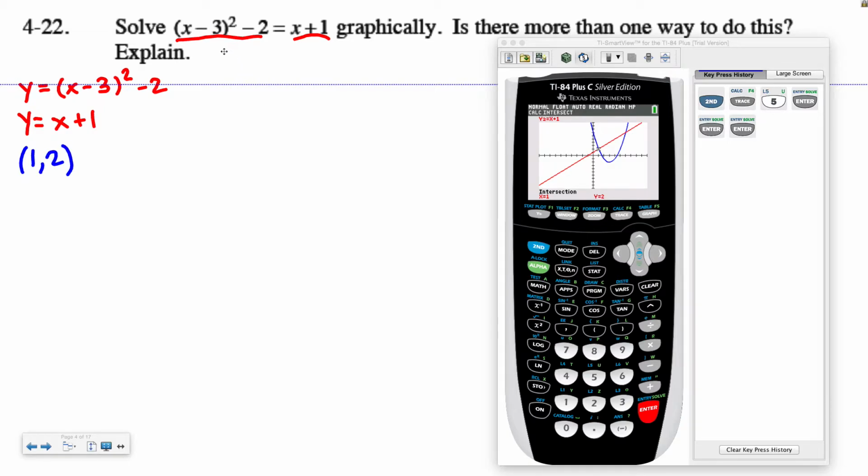But remember, we're looking for the x values. I'm going to write a separate note, x equals 1. Remember, this is just the intersection point, but the solution that we're looking for is the x coordinate.